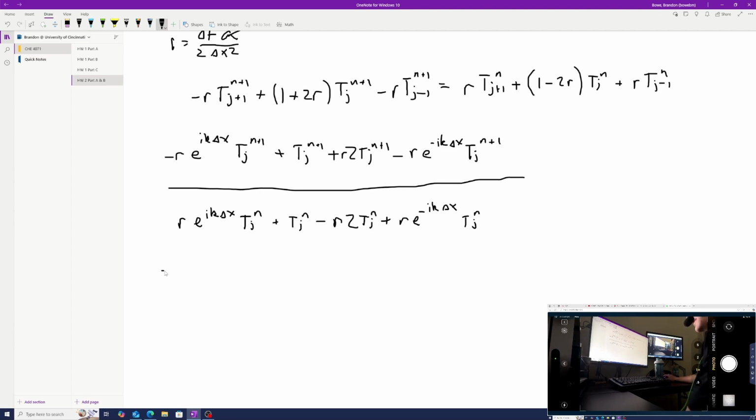So what we get is minus r e to the i k delta x plus, we're pulling out our tjn plus 1s, so we have plus 1 plus 2r, then we'll pull out our tjn plus 1, and then lastly minus r e to the negative i k delta x, and this is all multiplied by tj n plus 1.